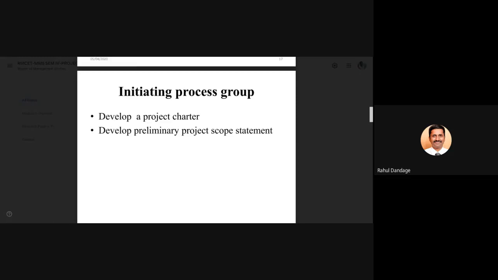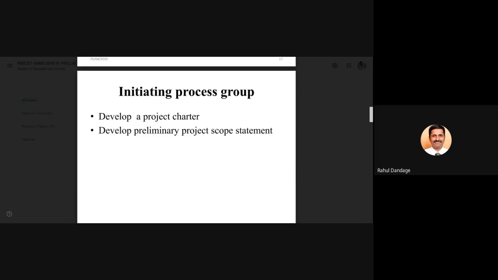Similarly, after authorizing someone to execute the project, secondly, in the initiating process group, we have to develop the preliminary scope of your project, the preliminary statement for defining the scope of your project.